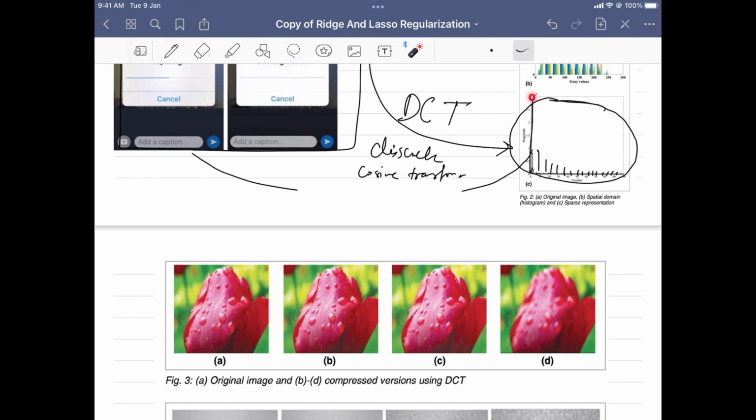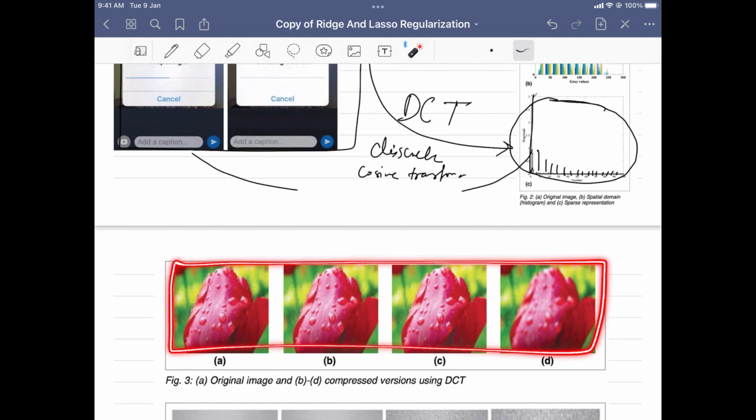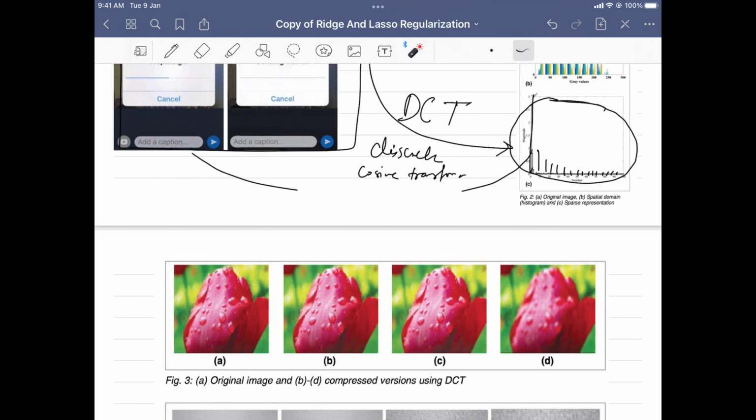And if you take only one pixel and make all of them 0, then you will get this image. And if you make these amount of pixels as 1 and rest of them are all 0, then you will get somewhere in between. So this is showing you the quality of the images when you retain 10 coefficients, when you retain 5 coefficients, when you retain 2 coefficients.